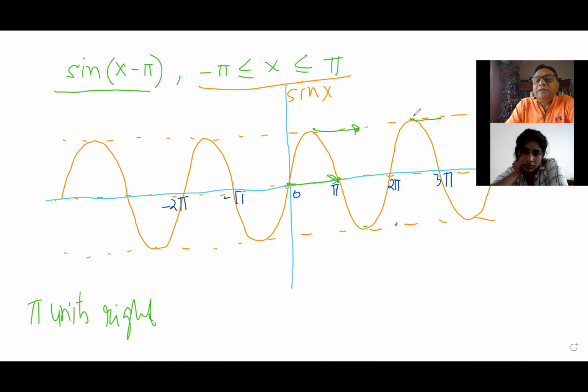So instead of ending at 2 pi, the graph will start at pi, go to the maximum, come to the minimum, go to the 0 axis and go to the 0, right? So we have a graph which is kind of like this. This is my graph, which is sine of x minus pi, correct?